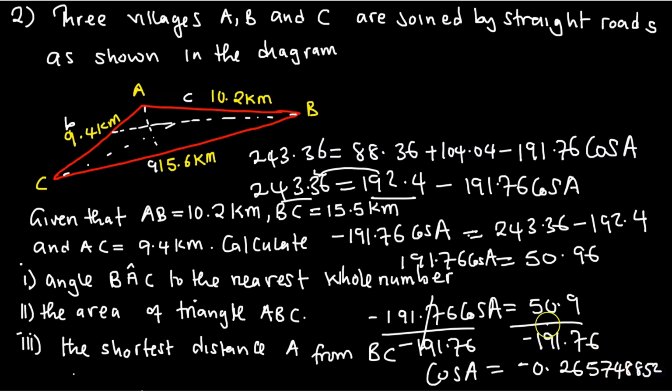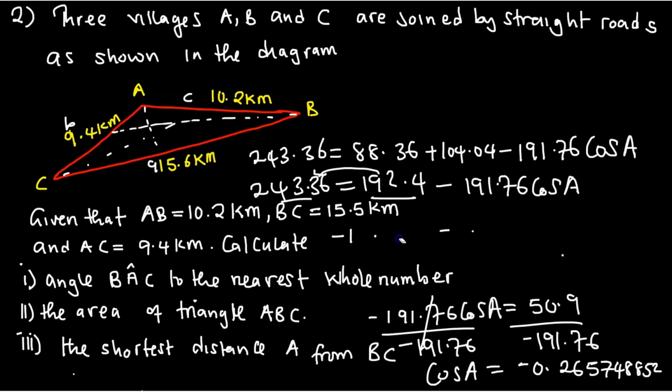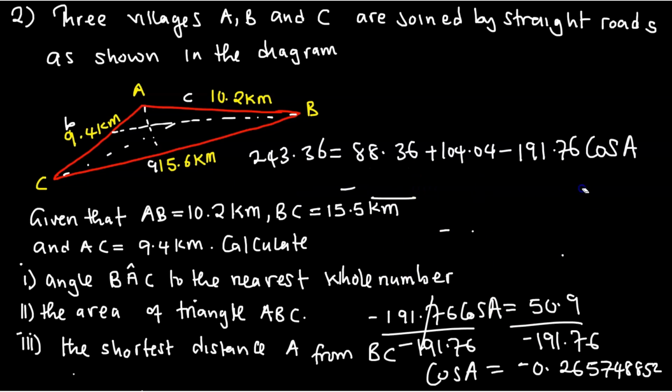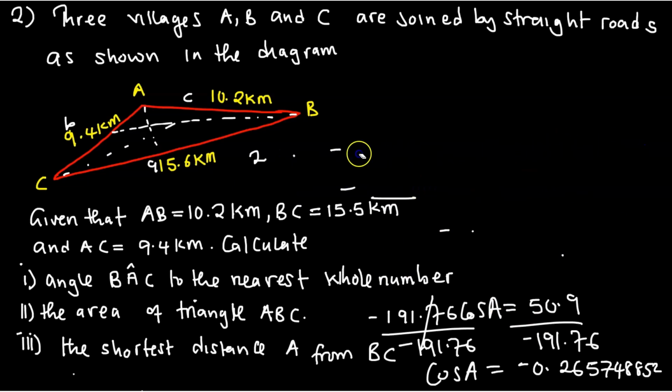Be able to confirm these numbers. Now, what we want is the angle. So what do you do if you want to find the angle? Cos A is equal to this, and at this point where you have reached, you want to find A. So this is what you do.